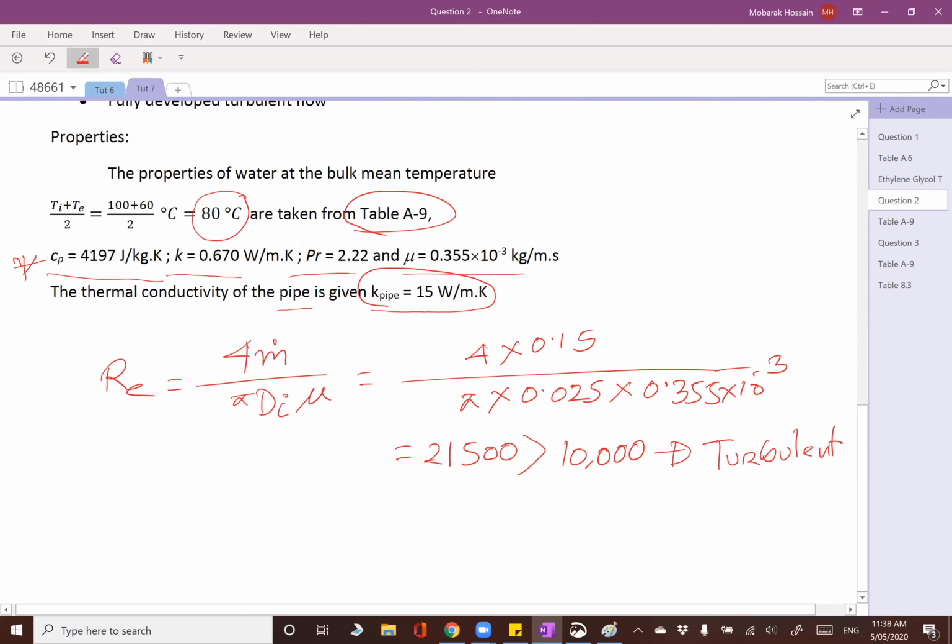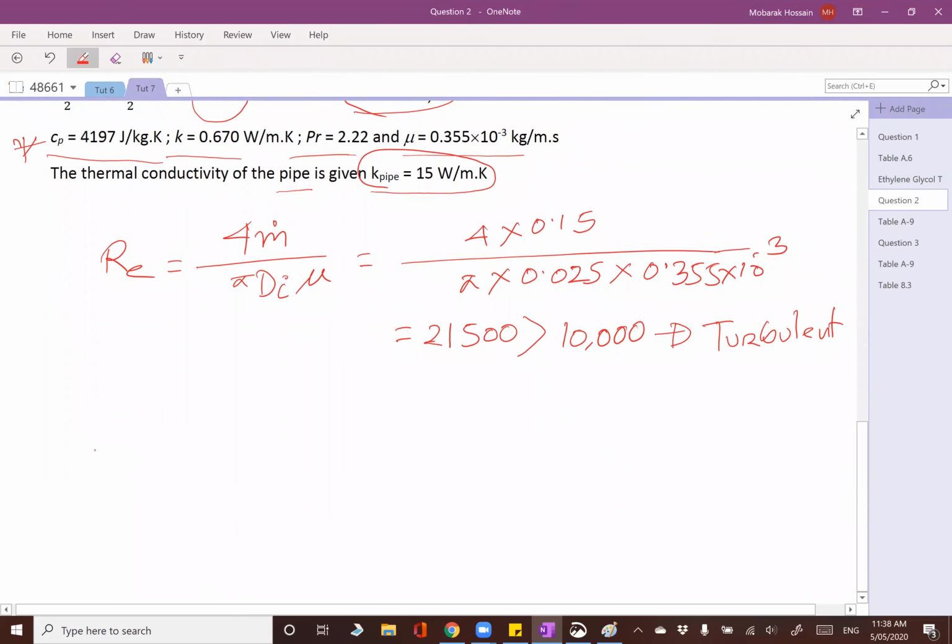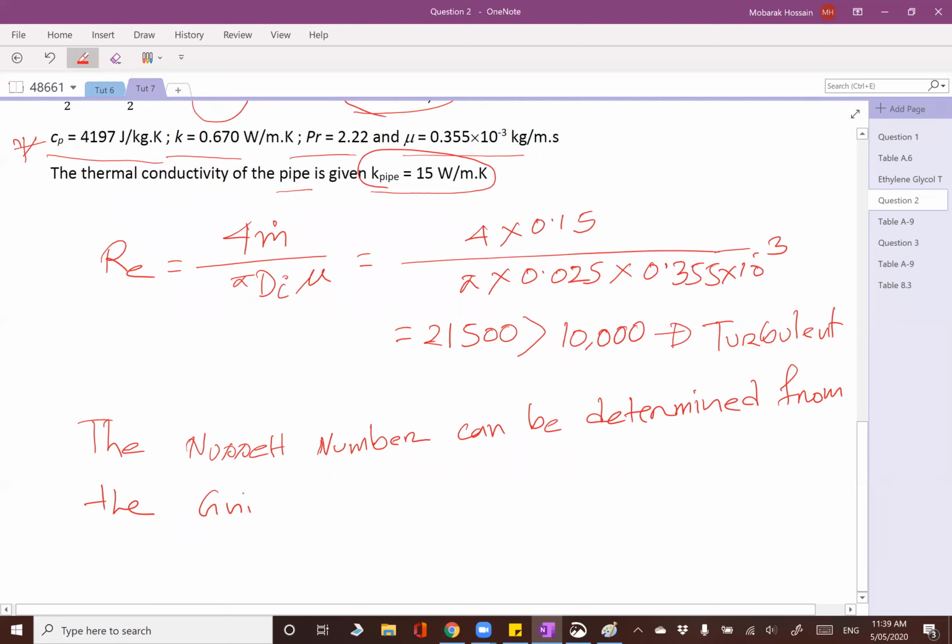If the flow is turbulent, the Nusselt number can be determined from the Gnielinski correlation.